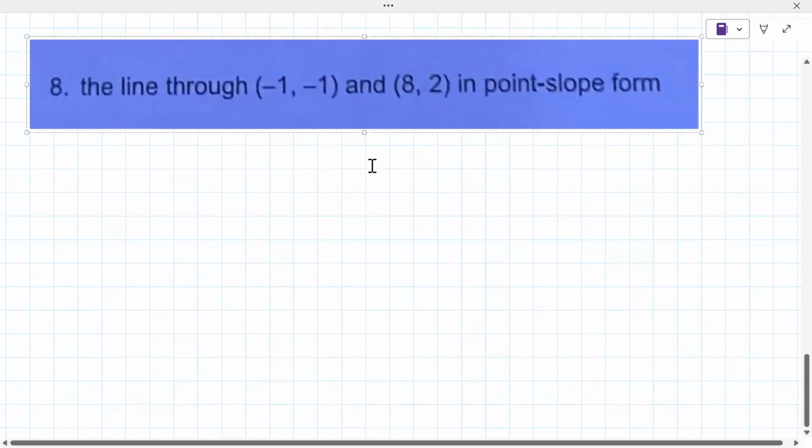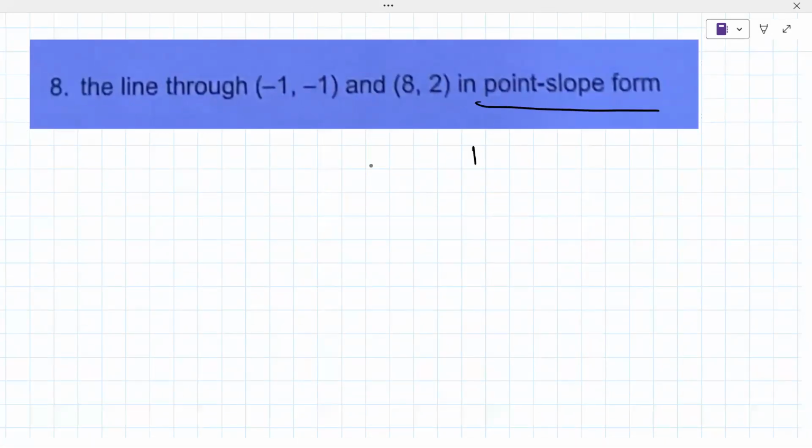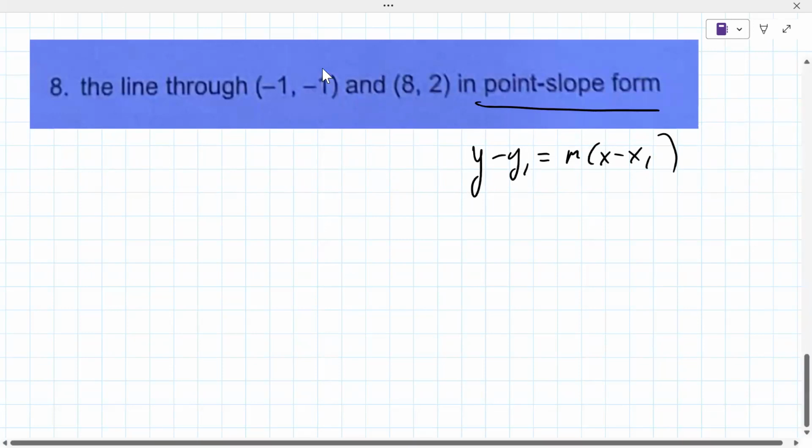All right, so number eight says again in point slope form, y minus y1 equals m times x minus x1. You need a point and a slope. Do you have either of those in this problem? We have the point.